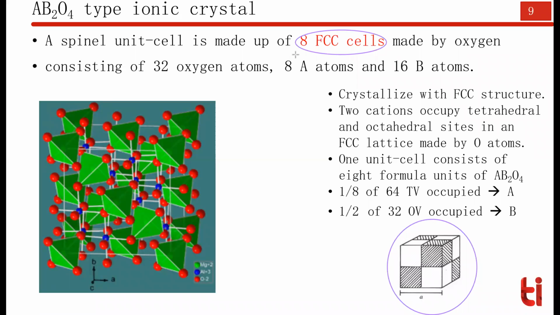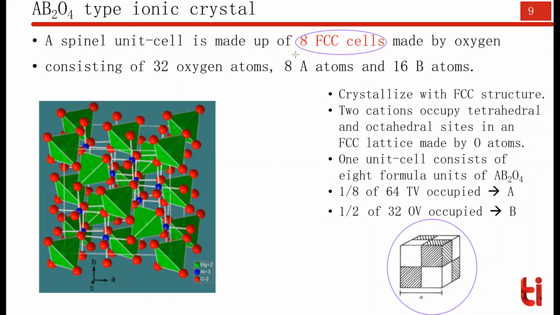Now you have 3 types of atoms: atoms of A type, atoms of B type, and oxygen. If you talk about the stoichiometric ratio, what you can see from the chemical formula is, if I have 1 atom of A, then I have 2 corresponding atoms of B and 4 corresponding atoms of oxygen.